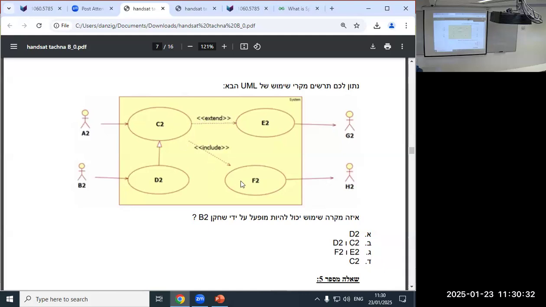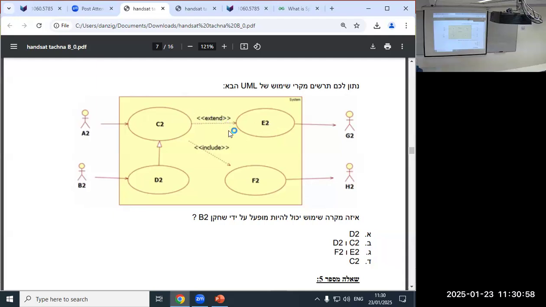Although actually, no. Because this arrow, what does this arrow mean? It's both pointing outward. I have a question for you. What can G2 do? Well, he can just do E2.